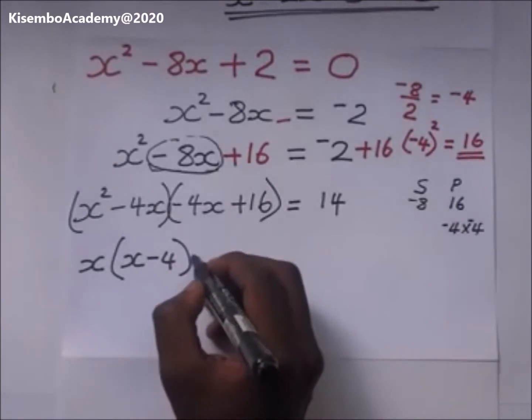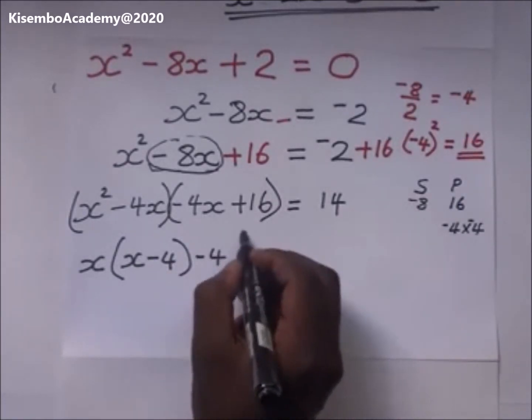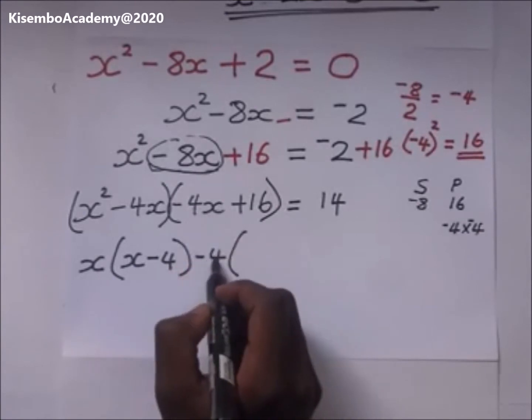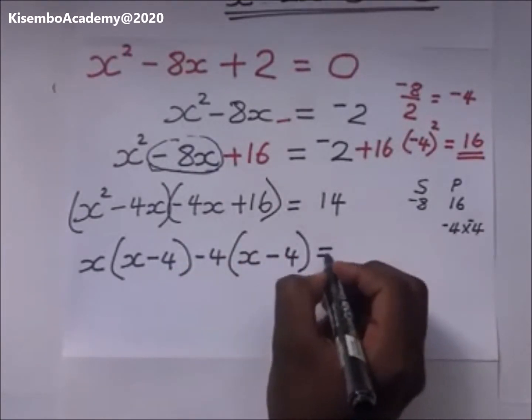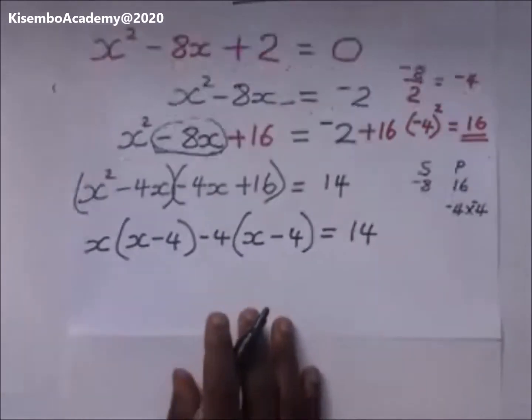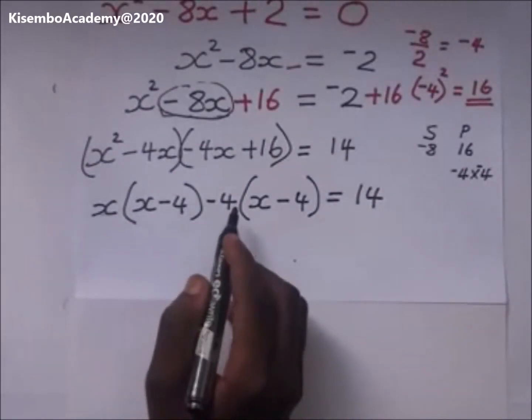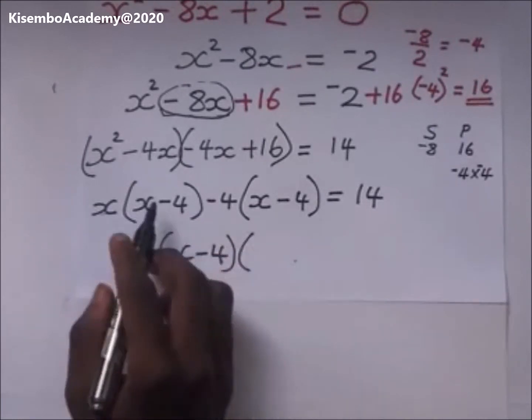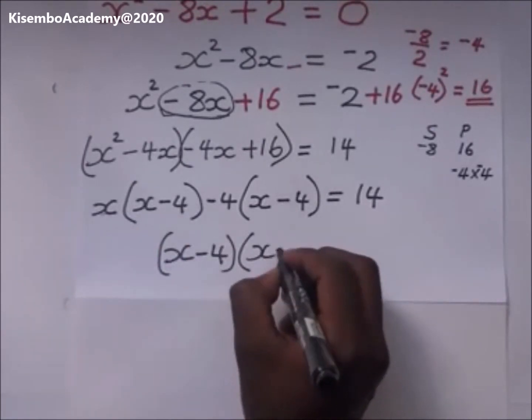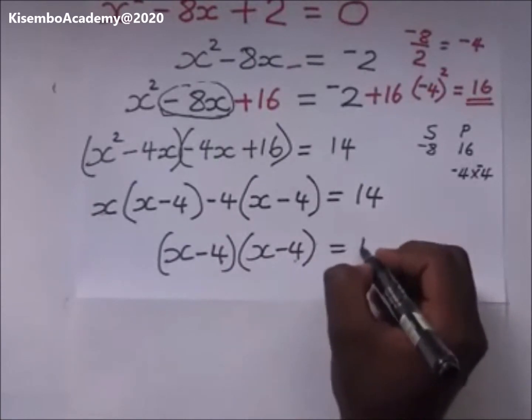The common factor here is still going to be negative 4 into x minus 4, and that is going to be equal to 14. Of course, the terms outside the brackets we put in their own bracket, times the terms inside the brackets, which is x minus 4.